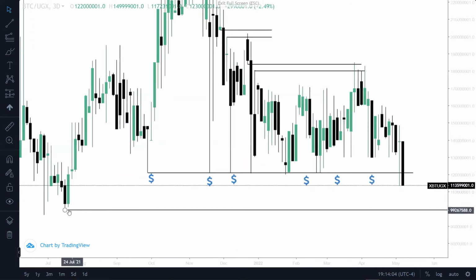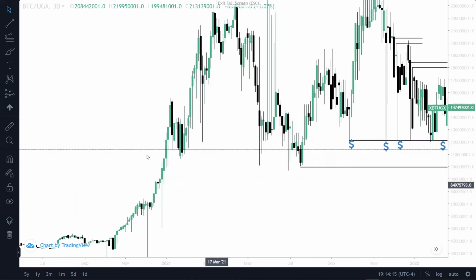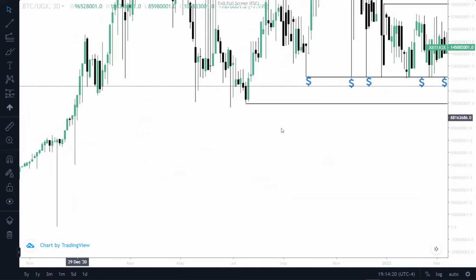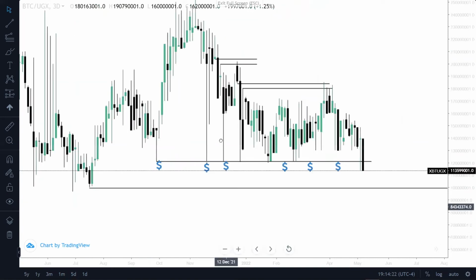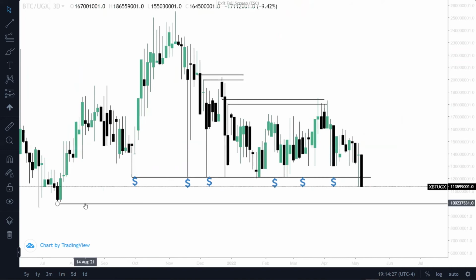So if you're kicked out at 95 million or at 90 million Ugandan shillings, just know price is going to trade lower and lower, maybe to these lows here, or maybe this low. So with all that, we just don't want to see Bitcoin trade below 100 million Ugandan shillings.